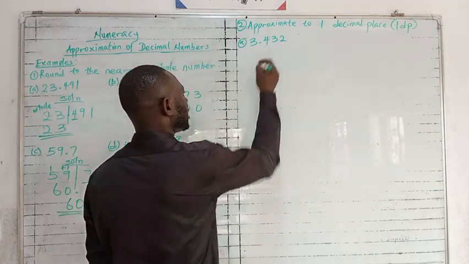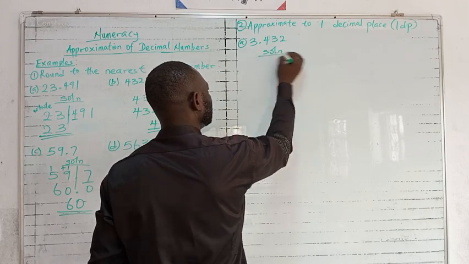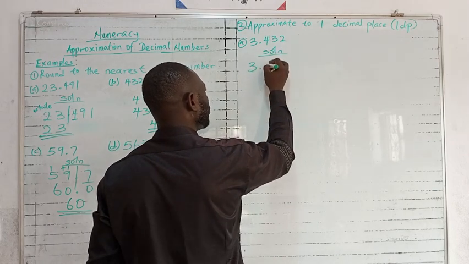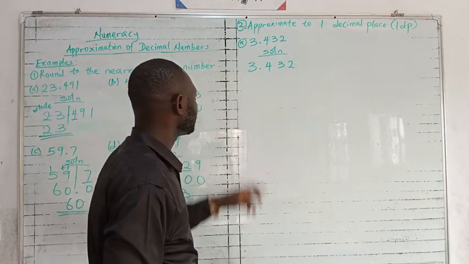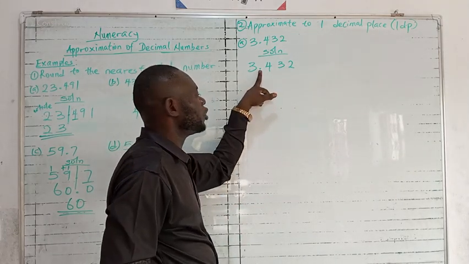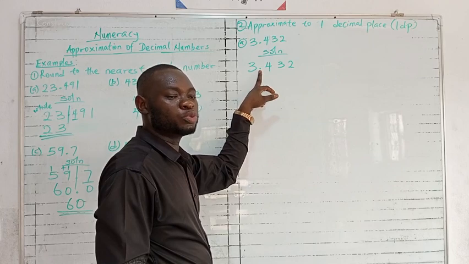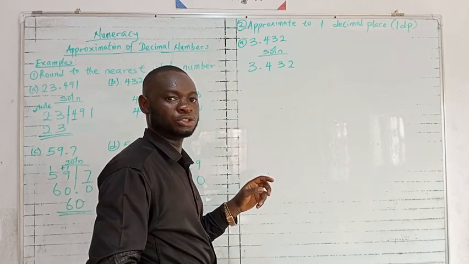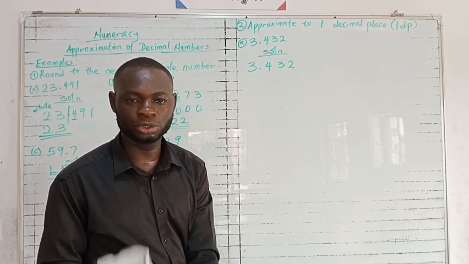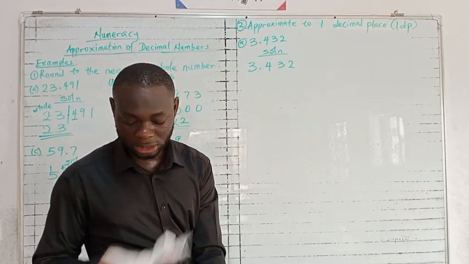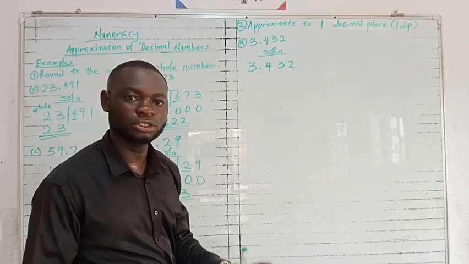Okay? Now to round this to 1 decimal place, what we simply do is that we start from the decimal point and count. Once we count, we put our stroke as usual and consider the digit immediately after the stroke.